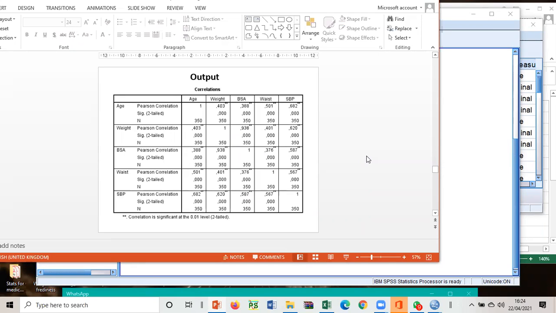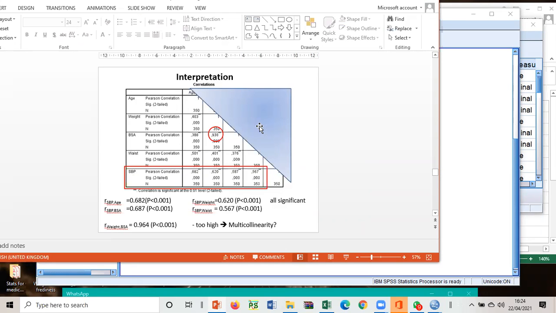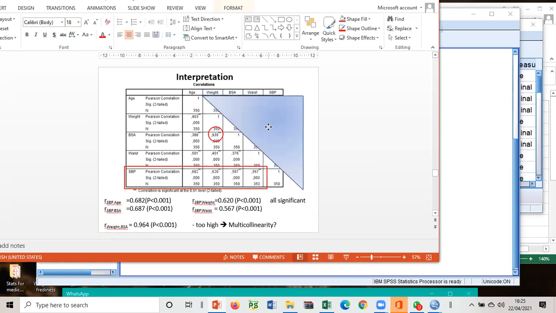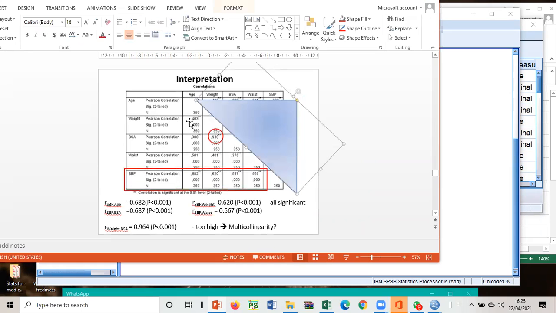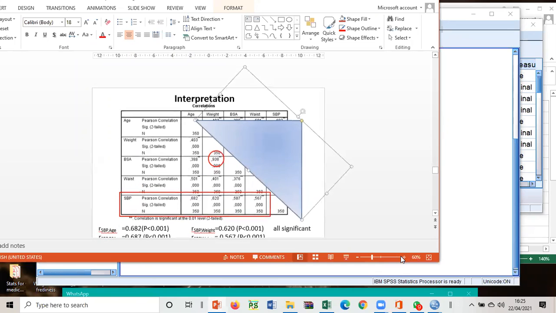You get a load of figures, a mirror image, take one side. Look at the last row. BP versus age. What's the value there? 0.6. Is it high? Yes. Next, BP versus weight. Is it high? Yes.